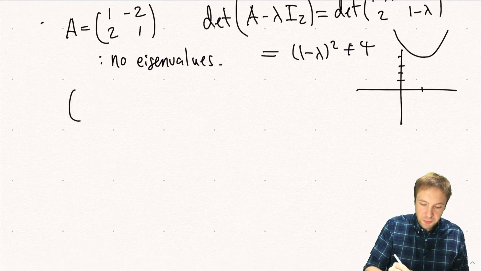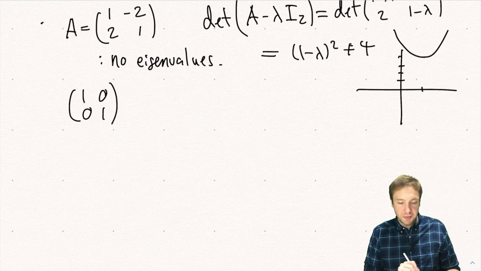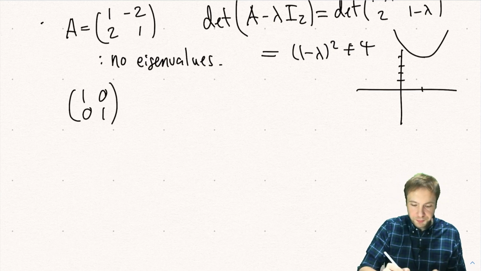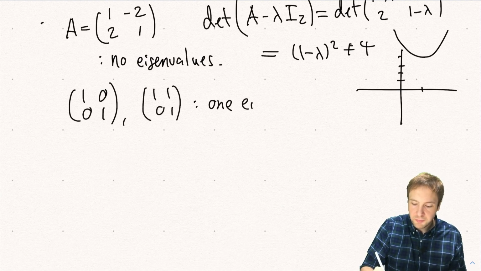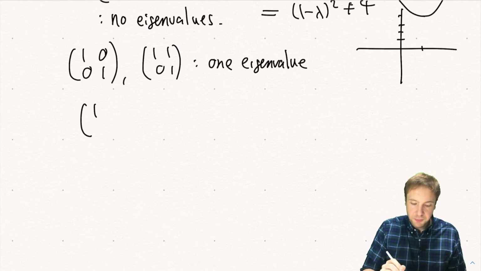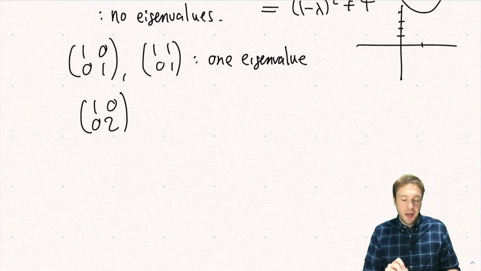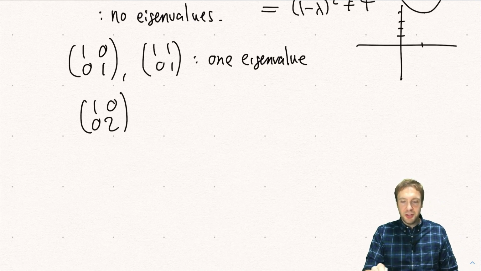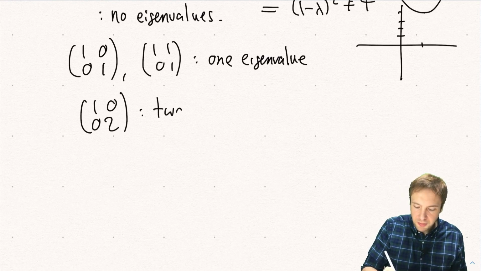But some matrices have exactly one eigenvalue. For example, the identity matrix has just the eigenvalue 1, and also this matrix here, you can check, has one eigenvalue, also 1. But sometimes we get n eigenvalues. For example, this diagonal matrix with the entries 1 and 2 has 2 eigenvalues, which are 1 and 2.